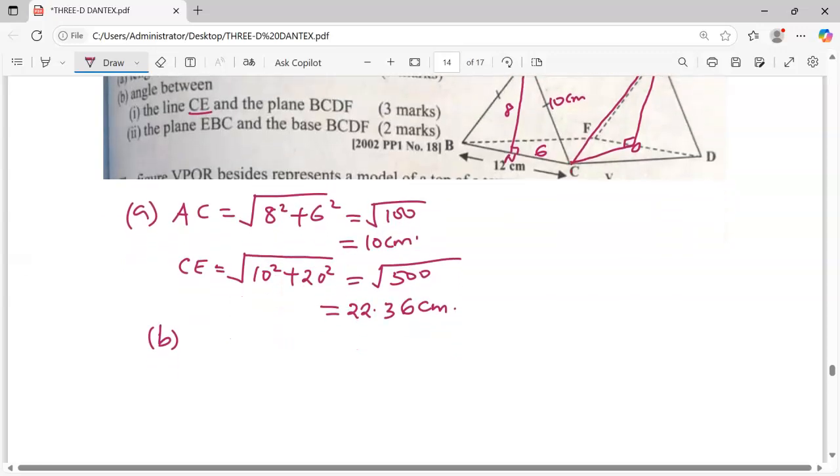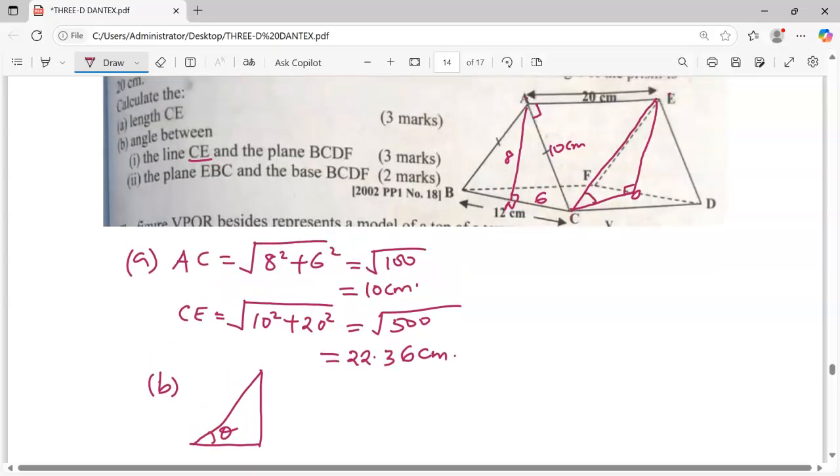That means now we can extract this triangle like this, where we are going to have the angle theta that is required at this point. We can place the angle theta here because that is the angle between the projection of CE on the plane and the line itself.